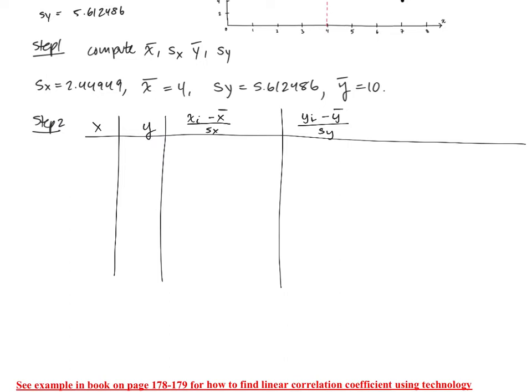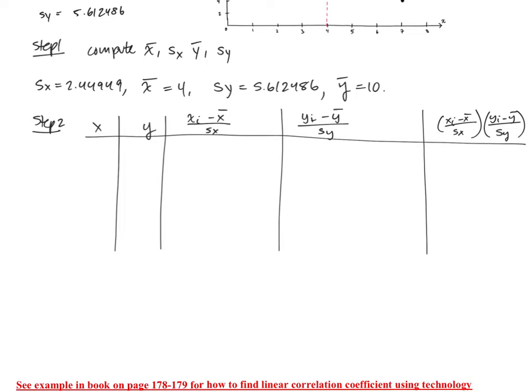And then, lastly, we'll compute the multiplication between those values. And we'll plug this into the formula in the end to find our answer. Let me go ahead and shorten this a little bit.